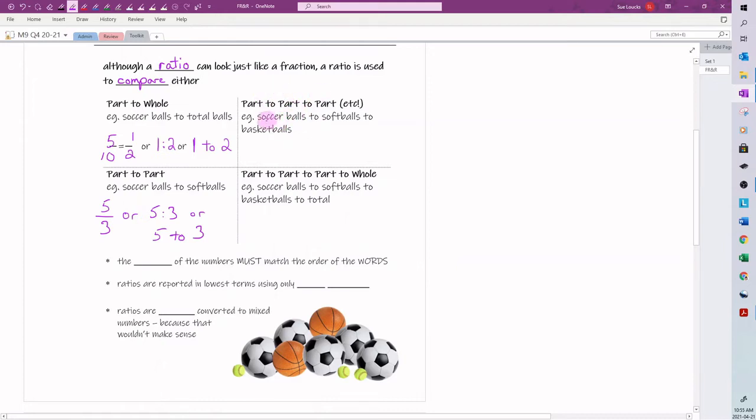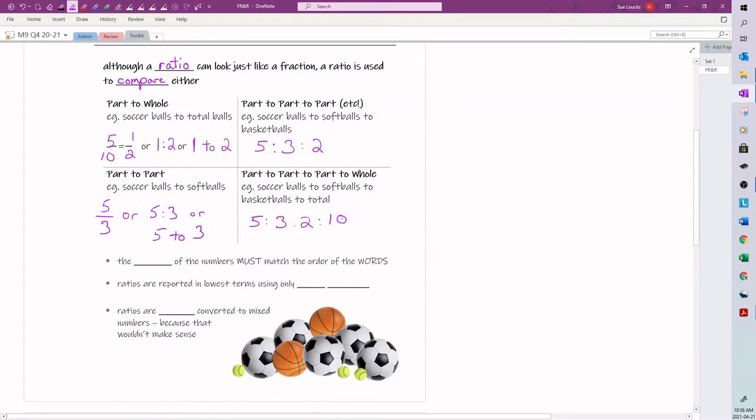So we could do this: I've got 5 soccer balls, I've got 3 softballs, and I've got 2 basketballs. Okay? And I can do part to part to part to whole. So that would be 5 soccer balls, 3 softballs, 2 basketballs, to a total of 10 balls.